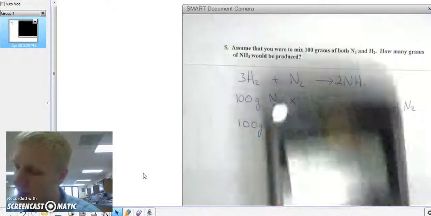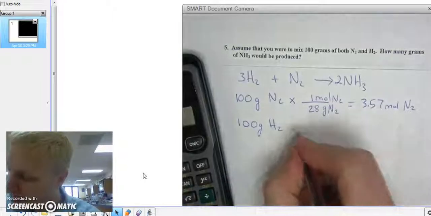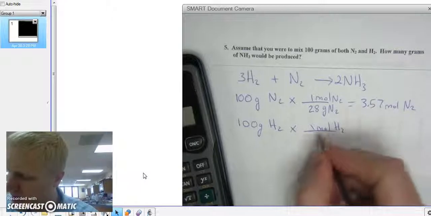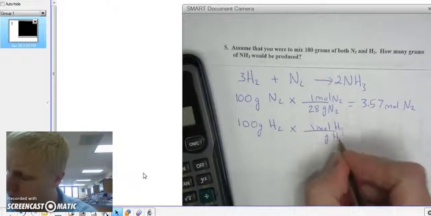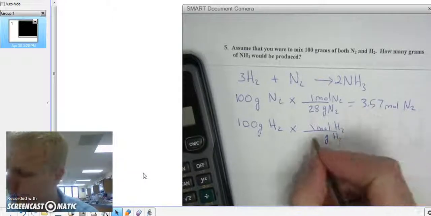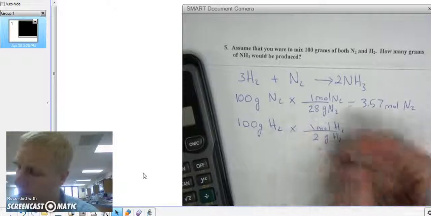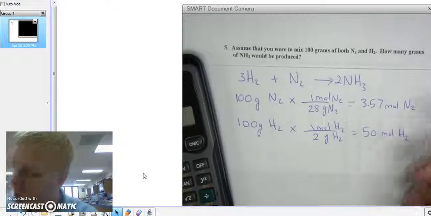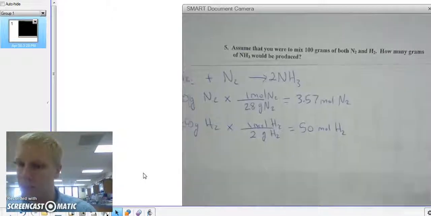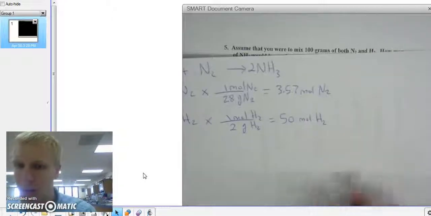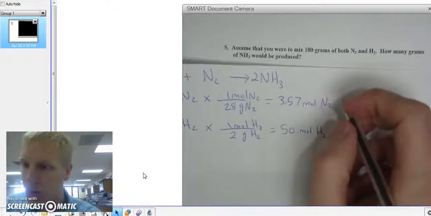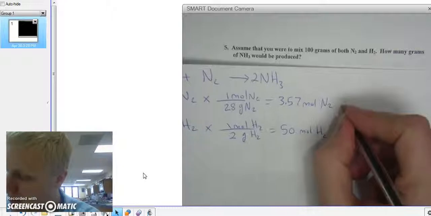We're then going to do the same thing with H2, multiply it by 1 mole of H2. And we're going to convert this by dividing it by grams of H2. Atomic mass of hydrogen is 1, but there's 2 of them, so it's 2 grams. 100 divided by 2 is 50 moles of H2. Alright, moving on. Step 4 is use your mole-to-mole ratio.